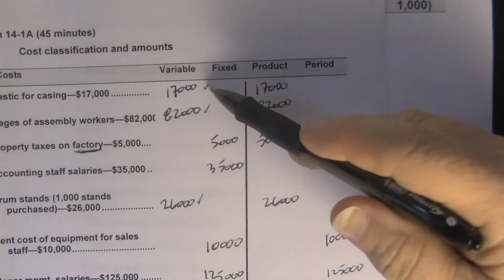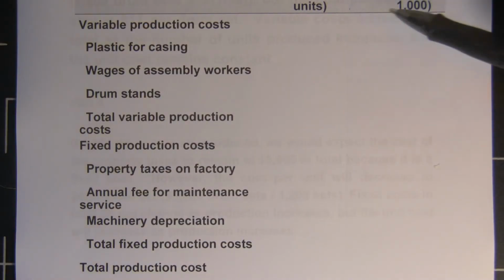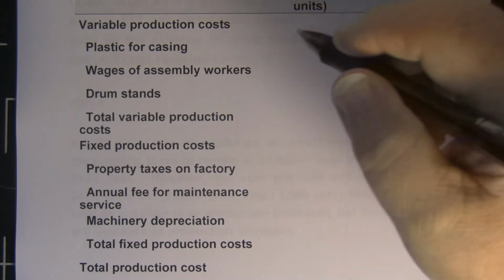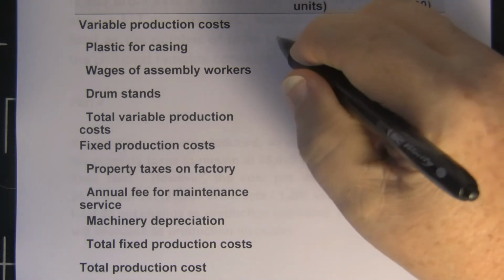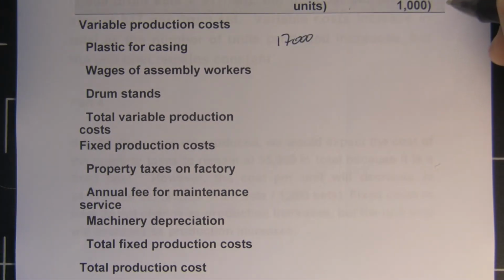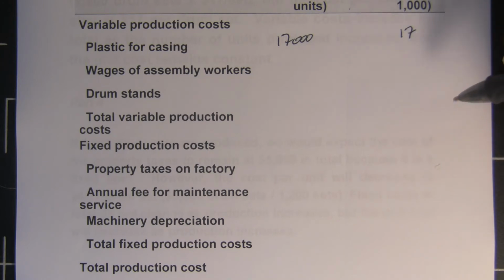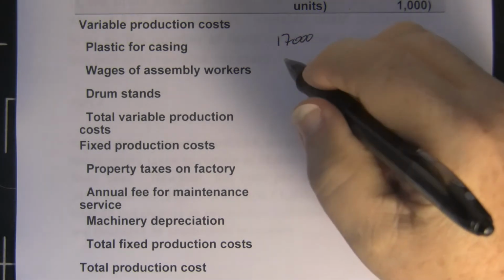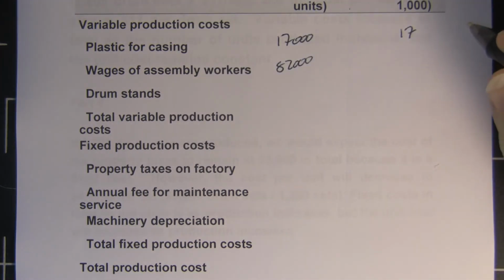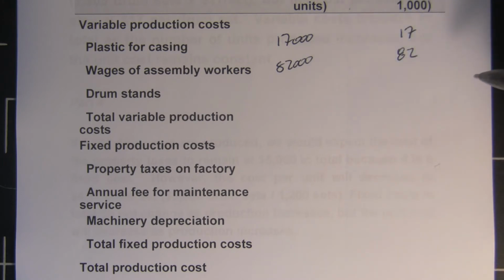So it cost us those amounts to make 1,000 units, because they tell us it's 1,000 units. So our variable cost for plastic was $17,000 for 1,000 units. So that's $17 per unit. The wages of the assembly workers for 1,000 units was $82,000. So that's $82 per drum.